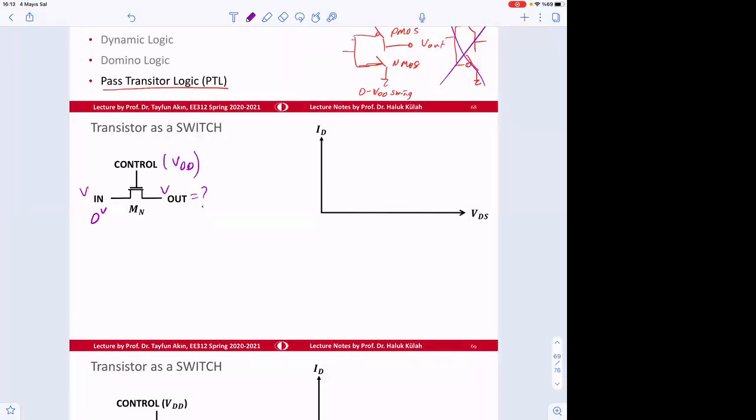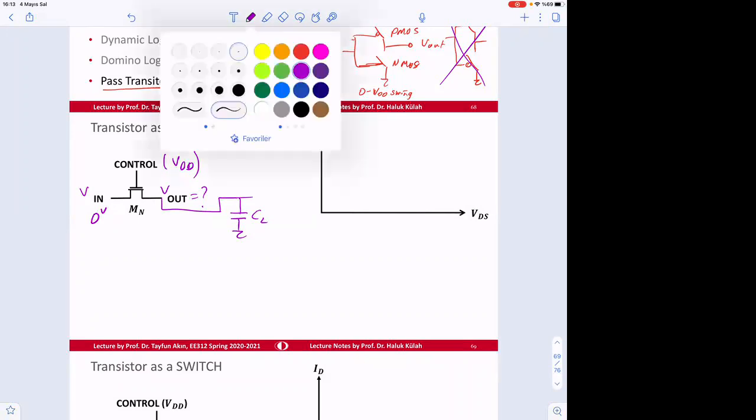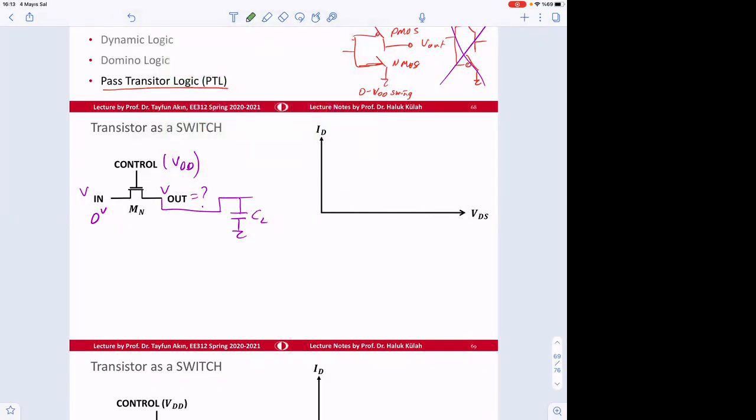So, in order to understand this, maybe we should just put here C load. It's always useful to have a C load and then discharge and charge that capacitor to understand what is happening to the voltage.